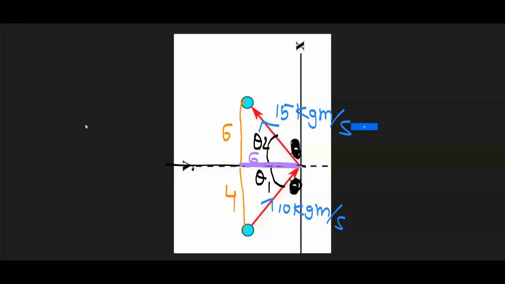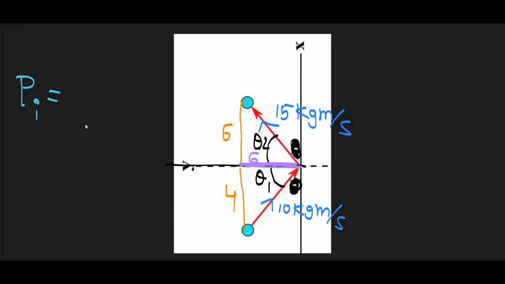Tell me what to do. First, the initial momentum. Can you tell me, Sanjana? You have to be careful with only one thing: what is sine theta and what is cos theta. MV is how much, ma?